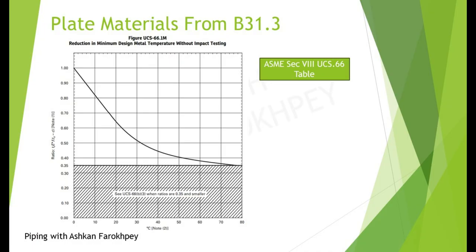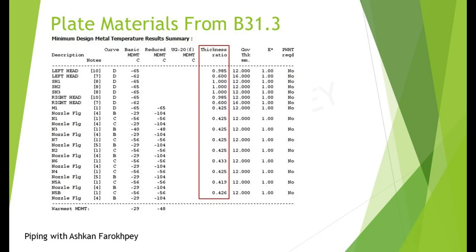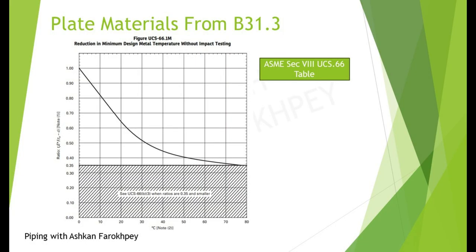I've previously inquired the amount of ratio from the mechanical department, which is obtained from PV Elite software. Accordingly, the ratio is almost 1 in shell and head and almost 0.5 in nozzles. So let's get back to the B31.3 or section 8 figure. Based on these figures, as the ratio equals 1, we cannot use any amount of impact test exemption.